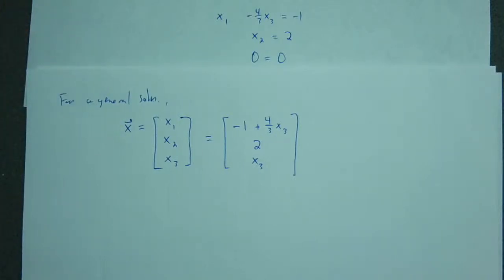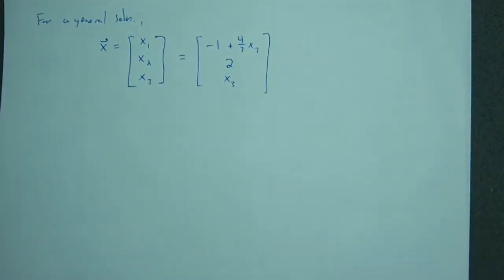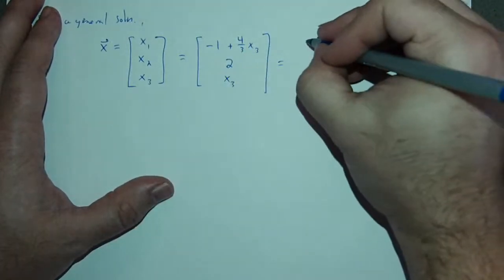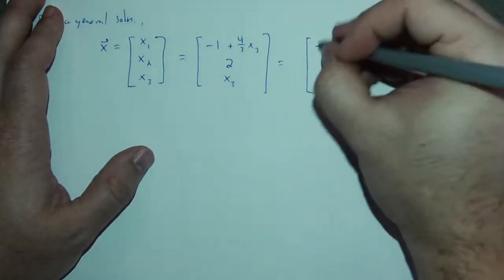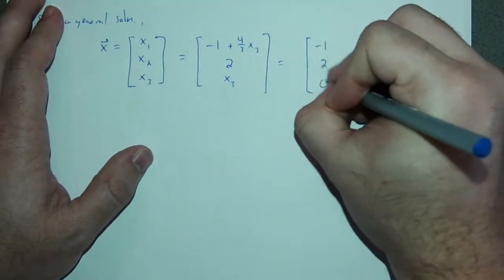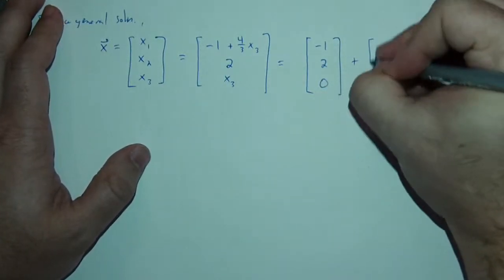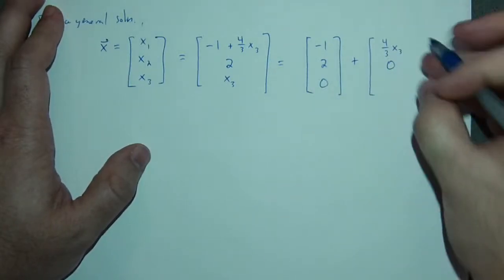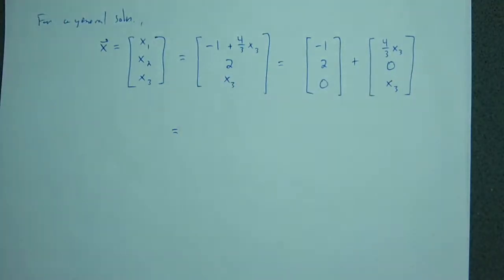Now, rewriting this, I'm going to split this up as vectors: minus 1, 2, and 0, plus 4/3 x sub 3, 0, and x sub 3. So I can break up this vector into the sum of two vectors.